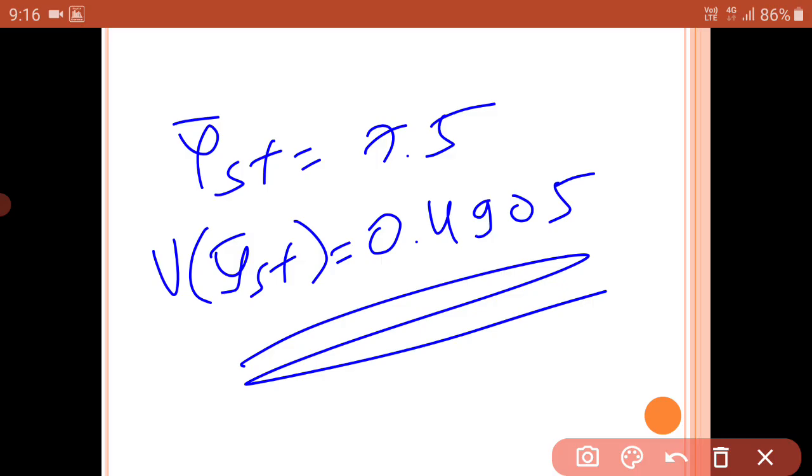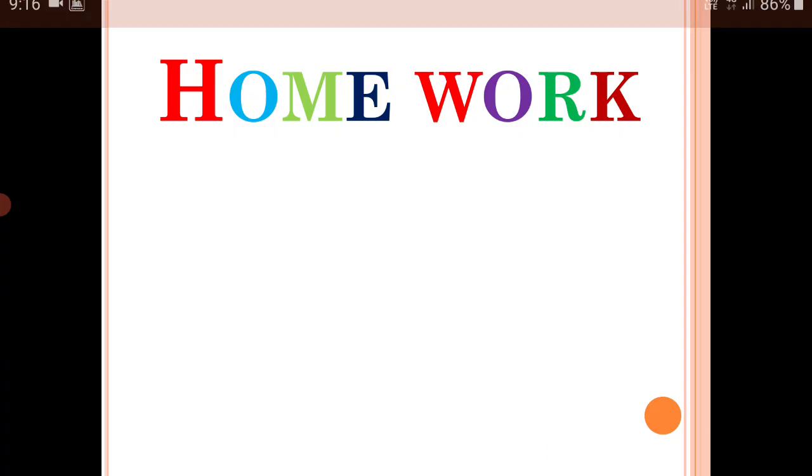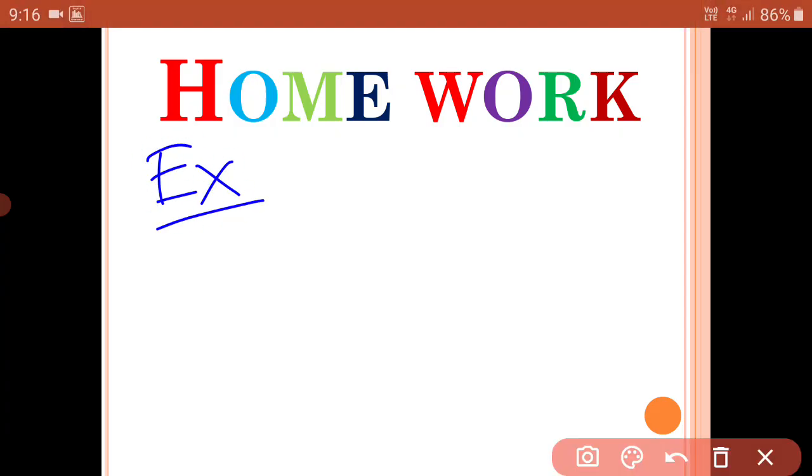So you can easily calculate this method. Again, homework for this method in the exercise: question numbers 3, 4 and 11.